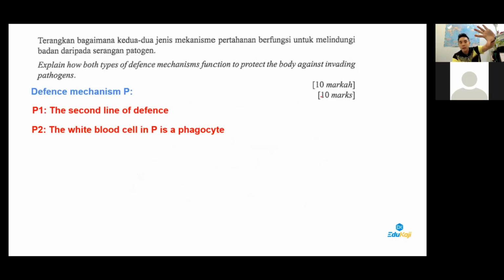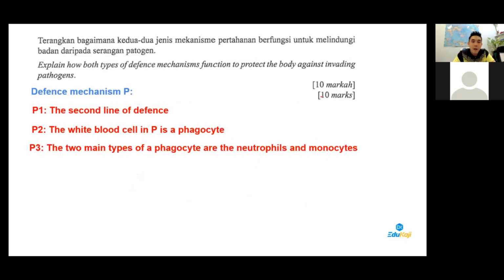Guys, if you remember, there are 5 types of white blood cells, NEBLM, correct? The first and last carry out phagocytosis, so they are considered phagocytes. Neutrophil, eosinophil, basophil, lymphocyte, monocyte, the first and last are phagocytes. Therefore, they carry out phagocytosis, neutrophil and also monocyte.